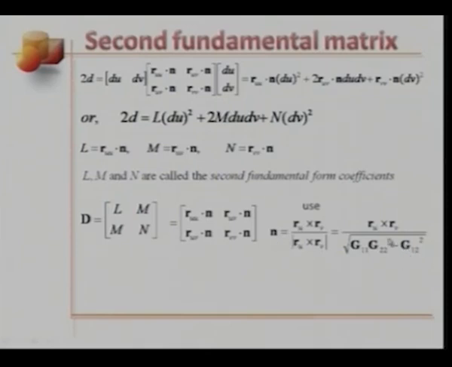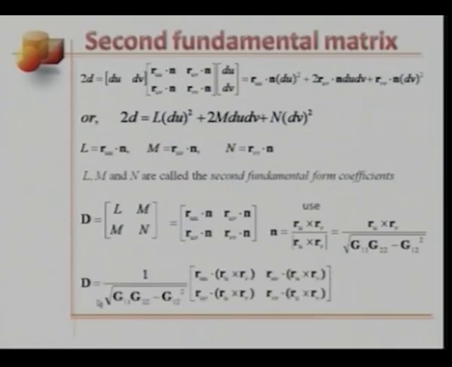So if we use this result here, we get the second fundamental matrix D as 1 over the square root of the determinant of G times R uu dotted with Ru crossed Rv, R uv dotted with Ru crossed Rv, the same element here, and R vv dotted with Ru crossed with Rv.